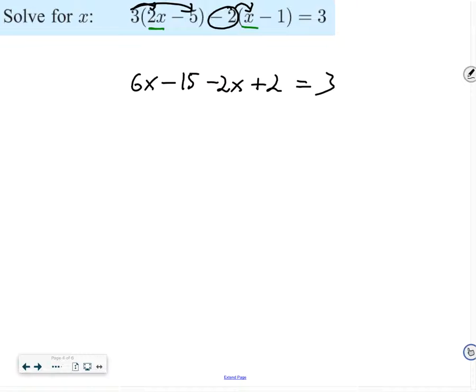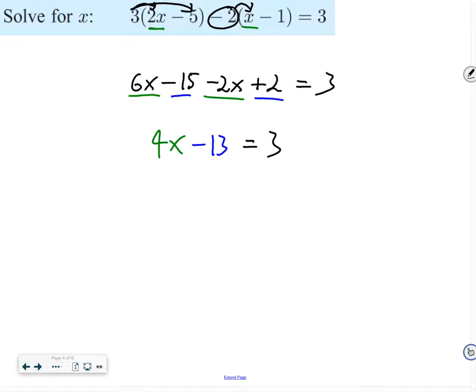Now that I've written them without parentheses, I'm going to group my like terms. My x's together: 6x minus 2x is 4x. Then I'm going to group my constants together: minus 15 and a plus 2 is going to be a minus 13. And then I'm left with equals 3.